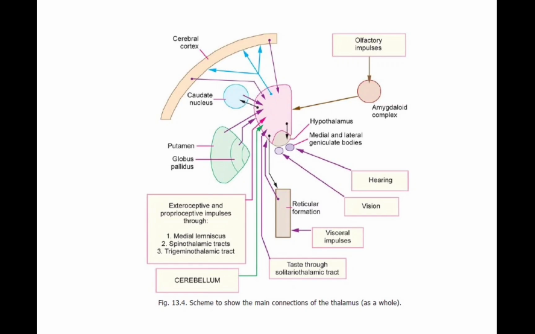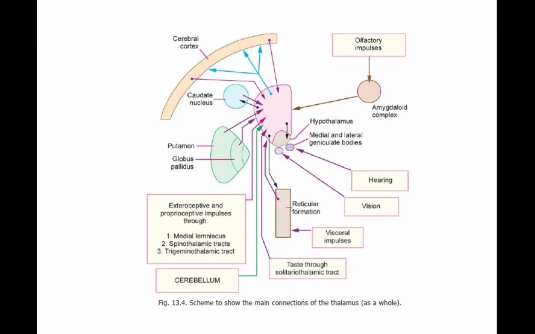So vision goes through the lateral geniculate body and is sent to the visual cortex. Hearing goes through the medial geniculate body, then is sent to the auditory cortex. Next, touch, pain, body position. They are all from the exteroceptive plus proprioceptive impulses, and they come via three tracts: the medial lemniscus, spinothalamic tracts, and trigeminal tract.